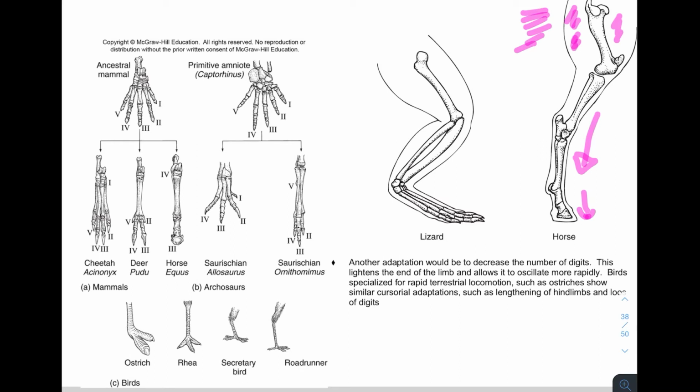When you look at a lizard musculature, what you see is the musculature being strong up close to the point of attachment, but also quite fleshy and bulky down there at the bottom of the limb. Remember, we're going to have a sprawled out posture. We're not swinging these limbs as efficiently. We're not moving as fast as if we were a horse. And so the musculature anatomy is also going to be different, and that's going to mirror the skeletal anatomy.